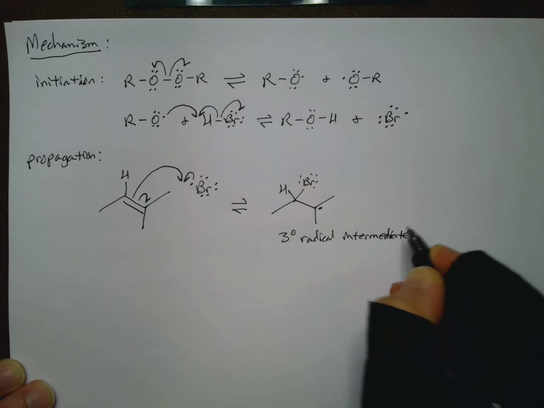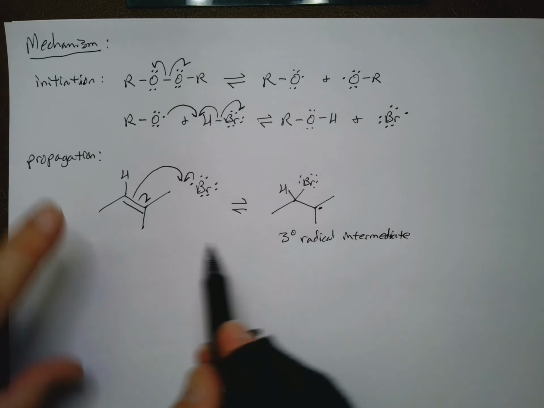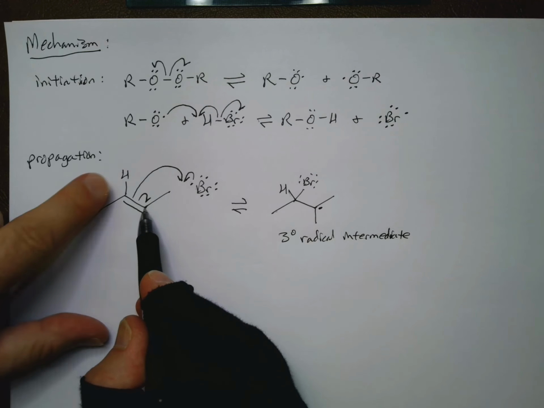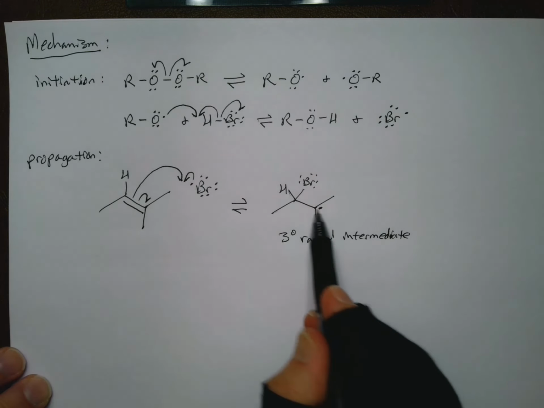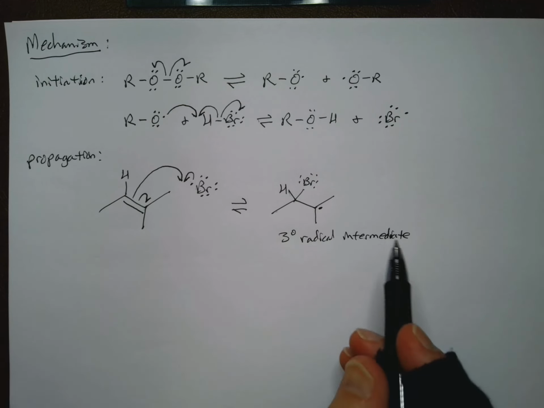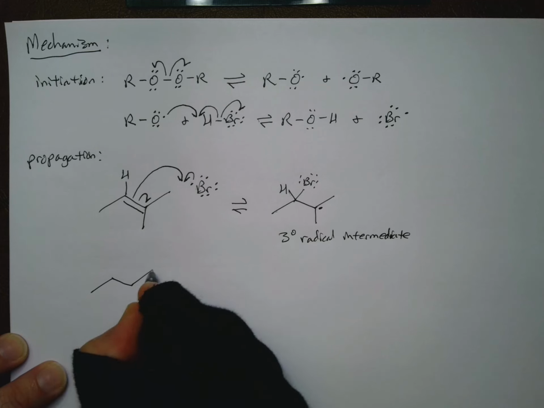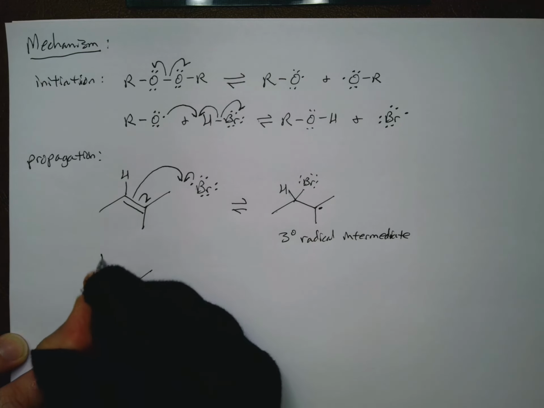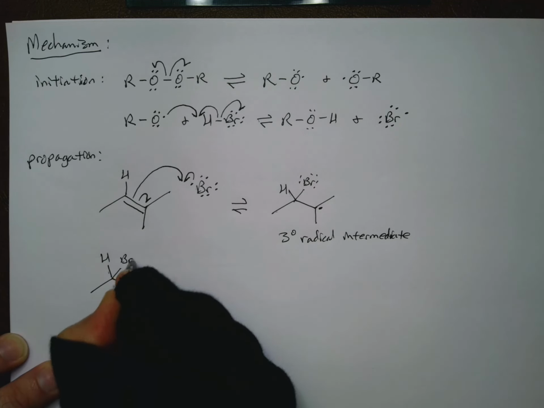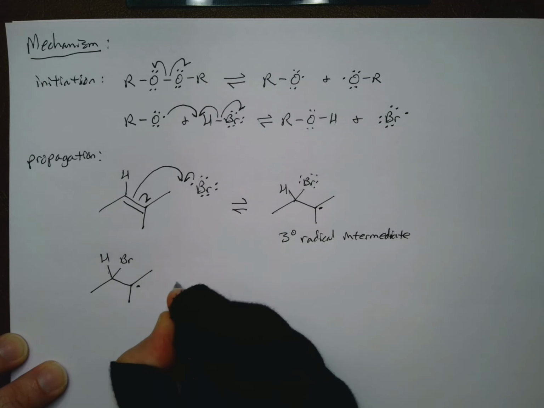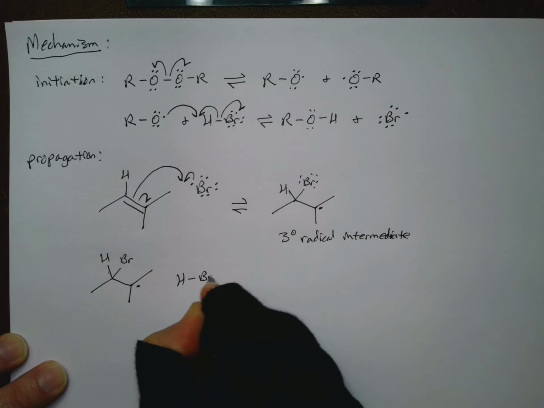And again, we get this guy forming instead of having the bromine going here and getting the secondary radical. We get the tertiary radical because it's more stable. Now, the tertiary radical can then react with another molecule of HBr.